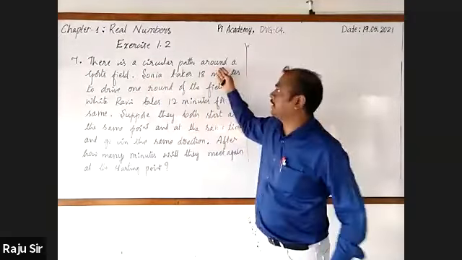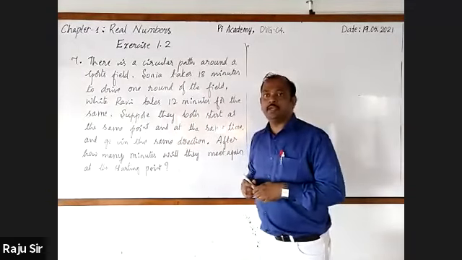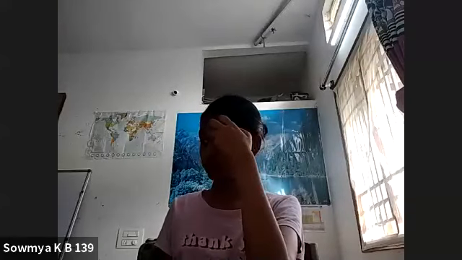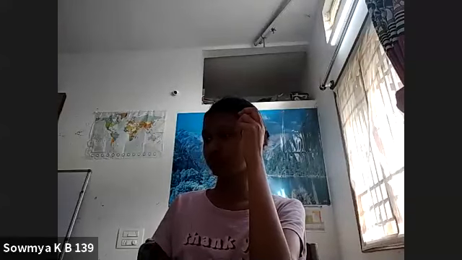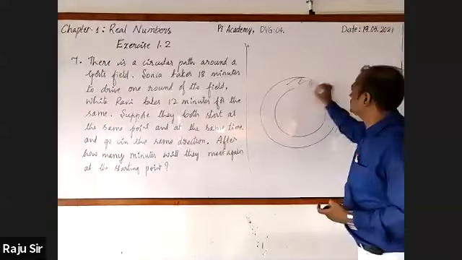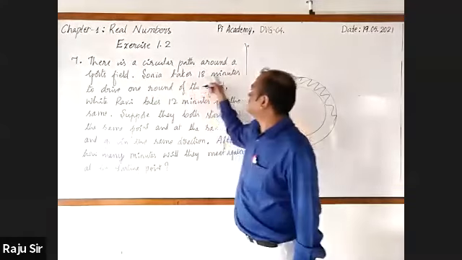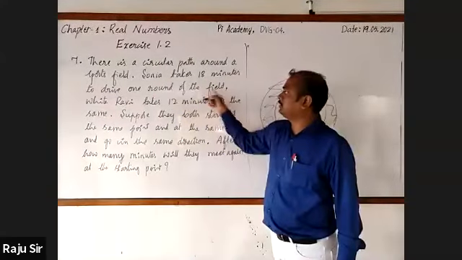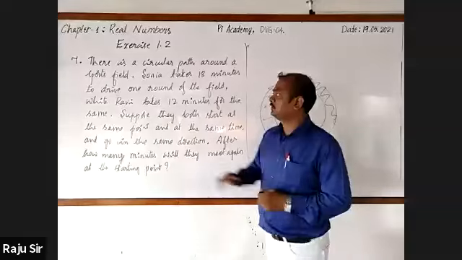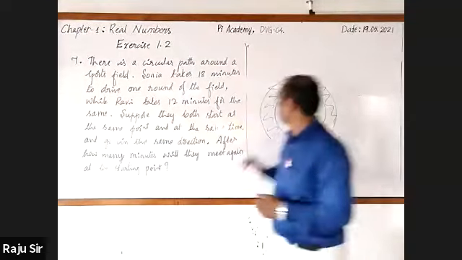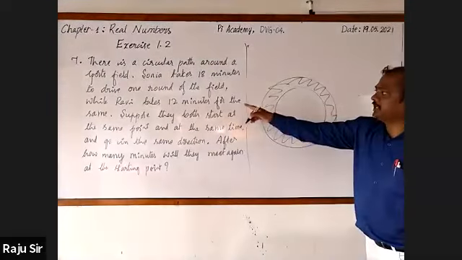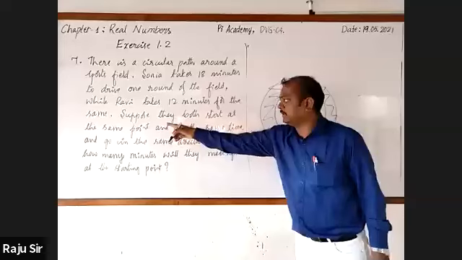There is a circular path around a sports field. Just look here. It is the field, and this is the path. Then Sonia takes 18 minutes to drive one round of the field, and Ravi takes 12 minutes for the same.